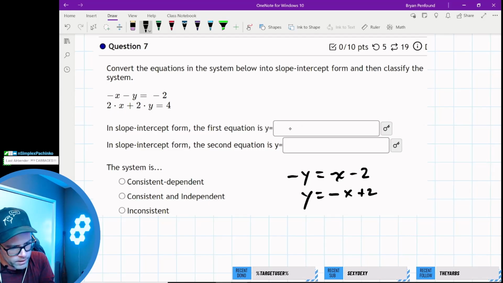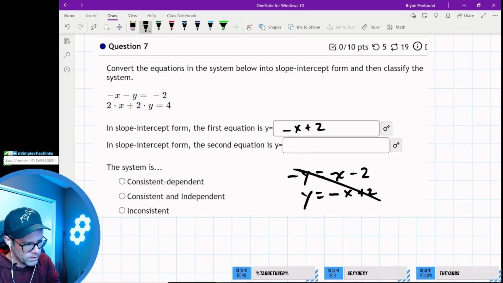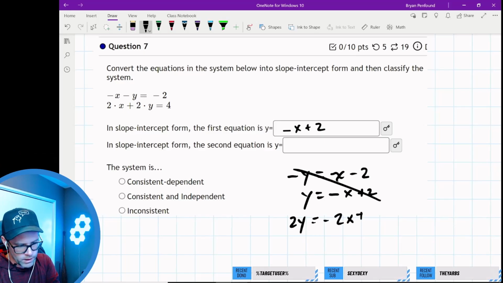Yeah, so negative x plus 2 I think is okay. So the second one, this is weird notation, but let's go 2y is equal to negative 2x plus 4. And then we divide everything by 2 to get negative x plus 2.